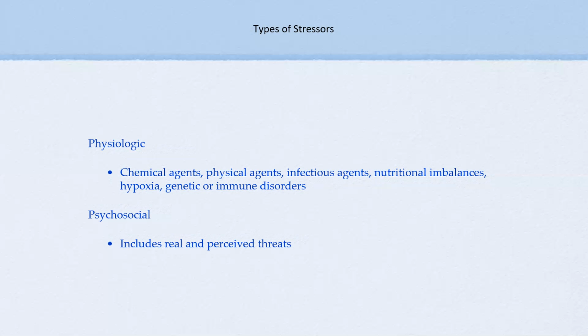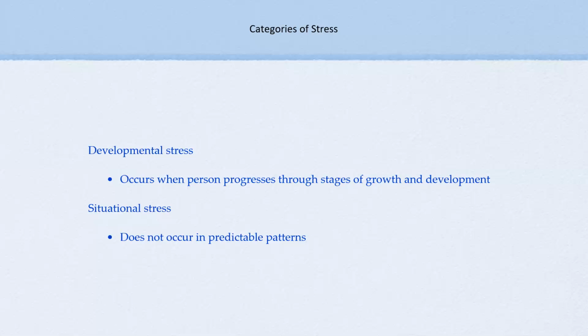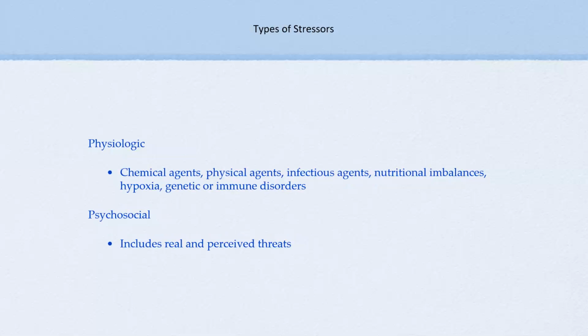Physiologic stress: hypoxia, maybe you were just diagnosed with a new chronic disease, maybe there are some infectious agents that could be affecting it. Psychosocial: maybe some threats, something that's affecting your social life. Really, we went back to the situational stress; these non-predictable patterns kind of end up falling into that psychosocial period as well.